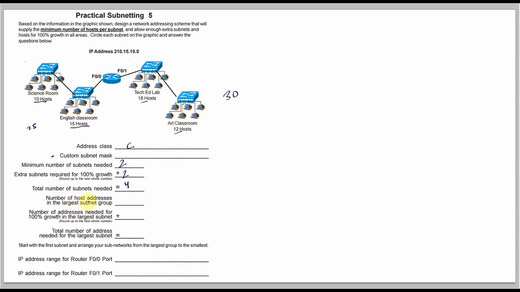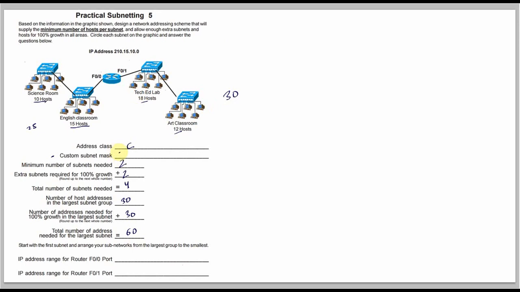So the number of host addresses in the largest subnet group would be 30. Number of addresses needed for 100% growth in the largest subnet, that would be 30. And we add them up to find the total number of addresses needed for the largest subnet. So 60.